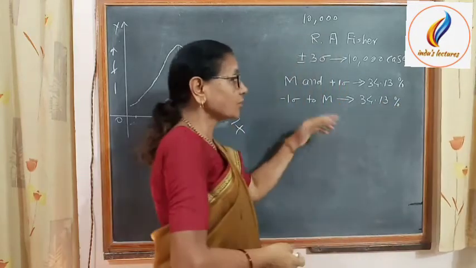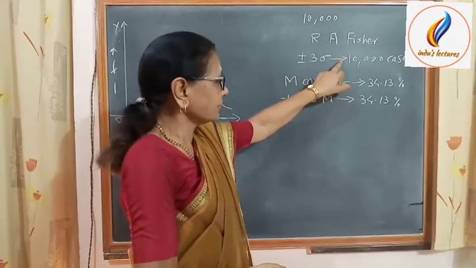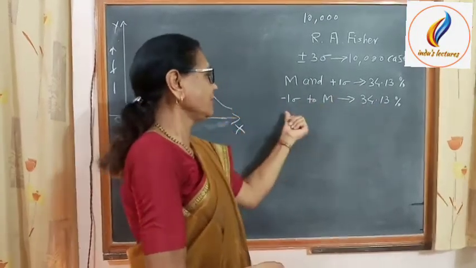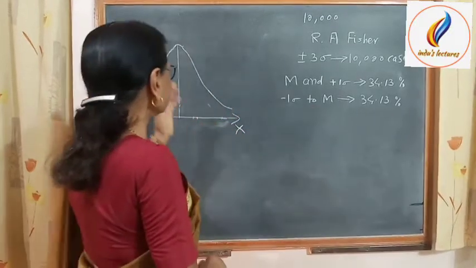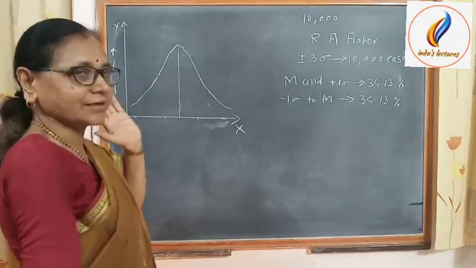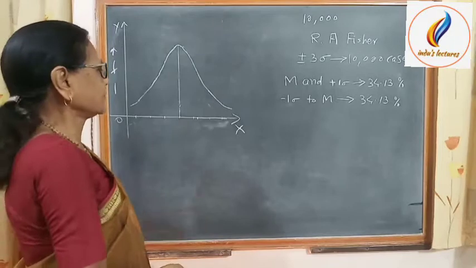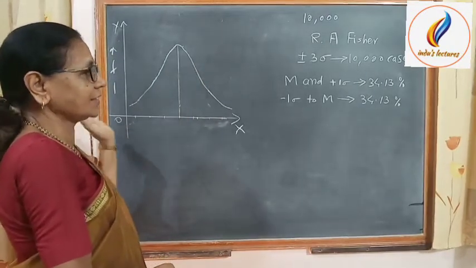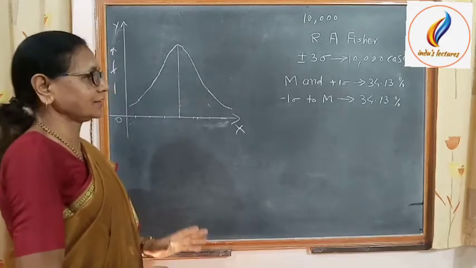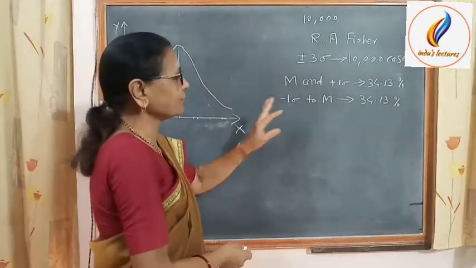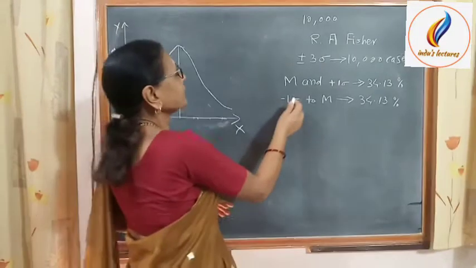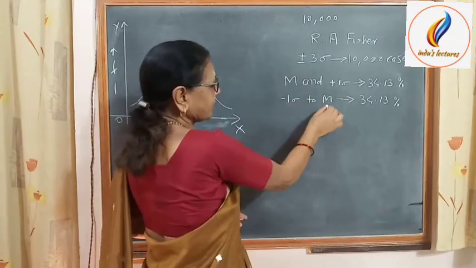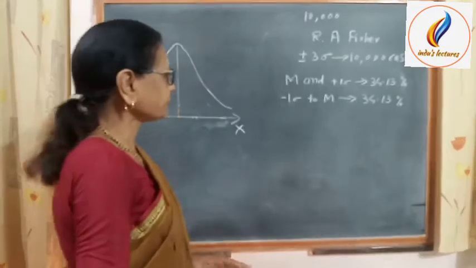That means out of 10,000 there are 3,413 cases between minus 1 sigma and mean. And again we know that the curve is perfectly symmetrical. Therefore the right and left halves are identical, or equivalent, so the same number of cases lie between mean and plus 1 sigma as between minus 1 sigma and mean.